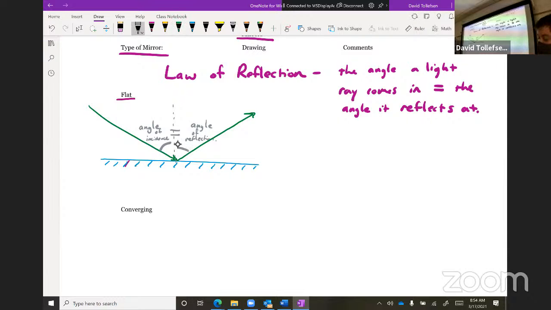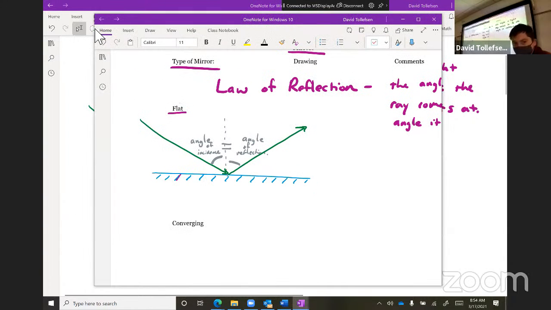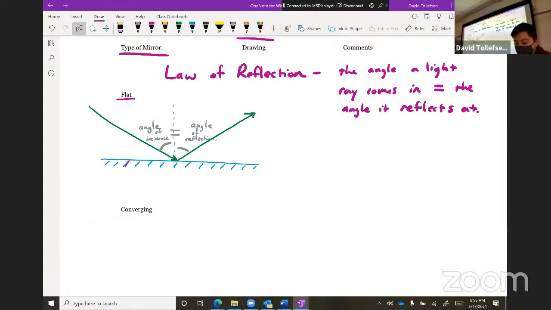So whatever angle it comes in at, it's going to reflect at the same angle. Can you zoom in or not?